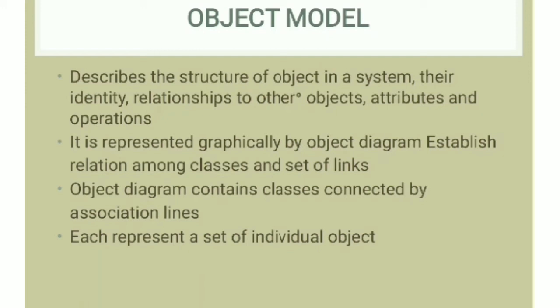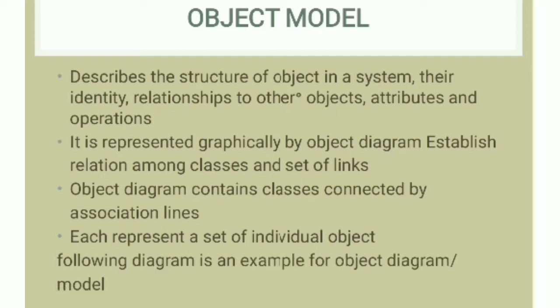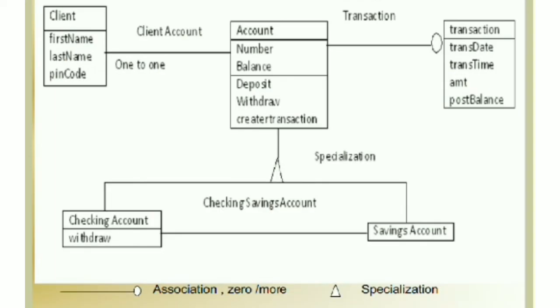The object model considers the object diagram. So a diagram is an example of an object model. That diagram is known as an object diagram. So this is an example of an object diagram. Here the classes are client, account and transaction. These three classes are connected by association lines.